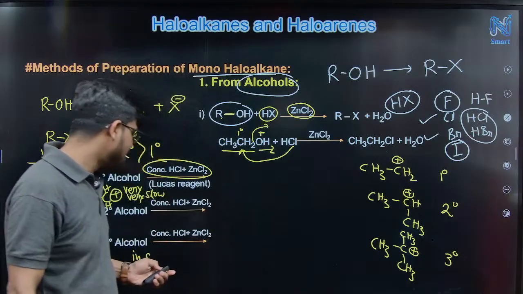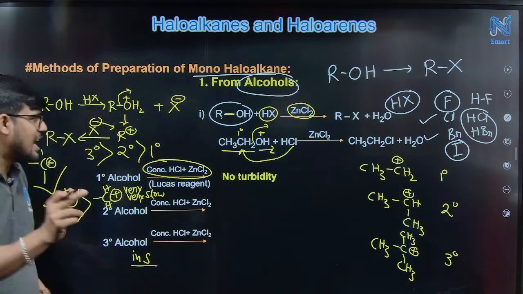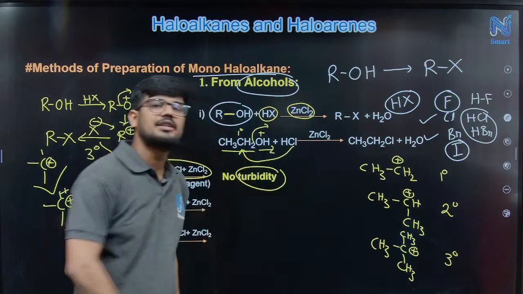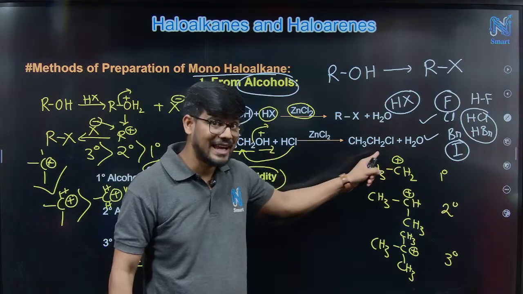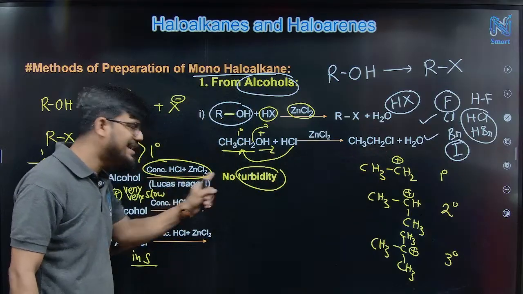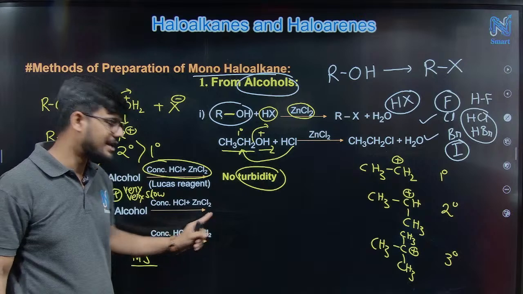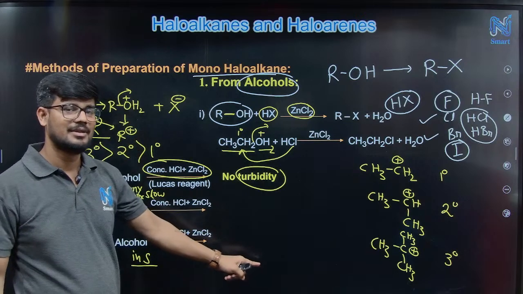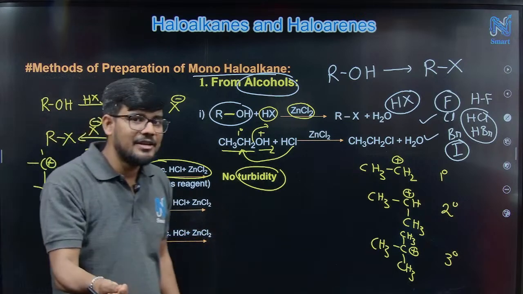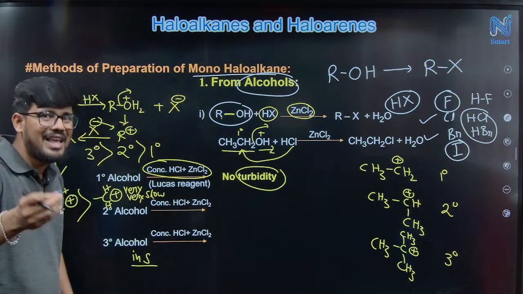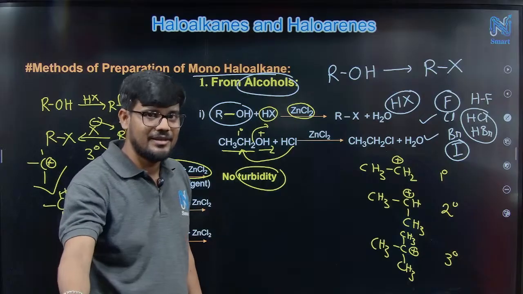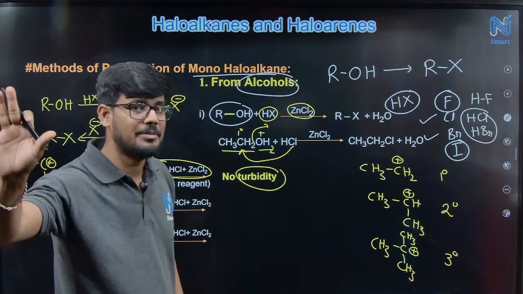So this turbidity represents the product. Alkyl halide, I said, will be your product. So here 1 degree alkyl halide, 2 degree alkyl halide, and 3 degree alkyl halide, correct? Alkyl halide will give turbidity. Now in case of 1 degree alcohol, since the reaction is not happening, there is almost no turbidity.